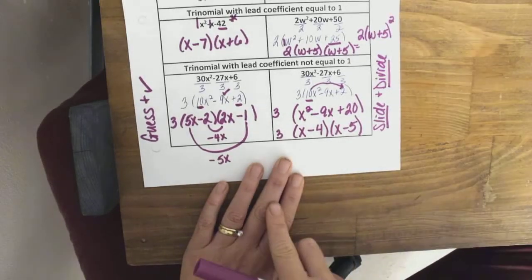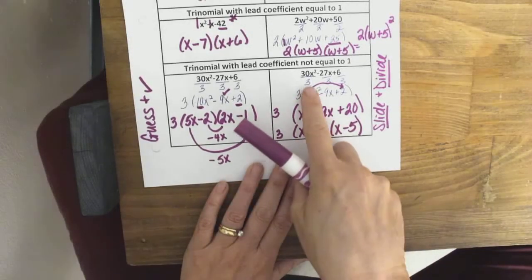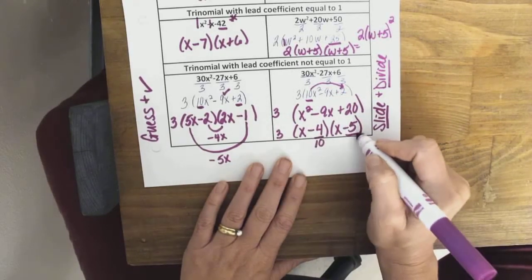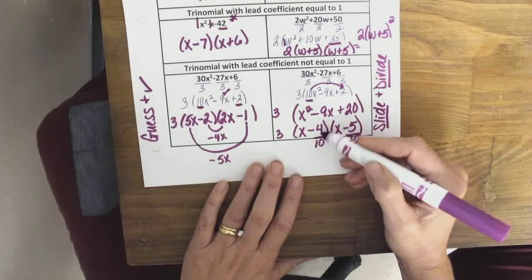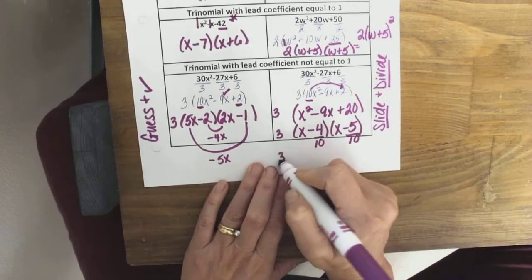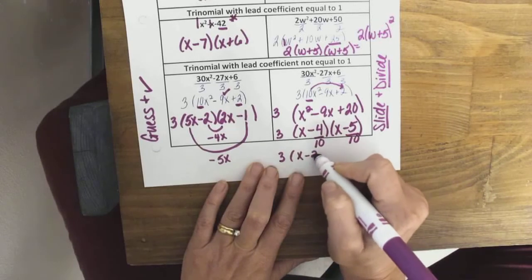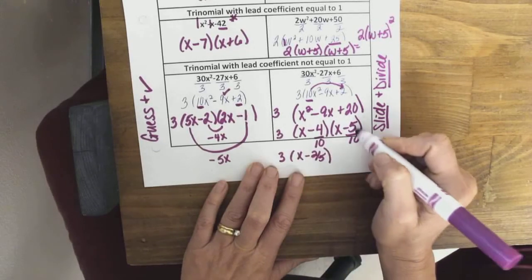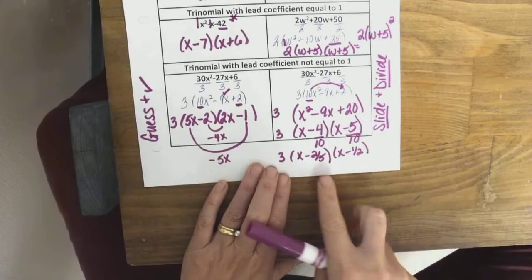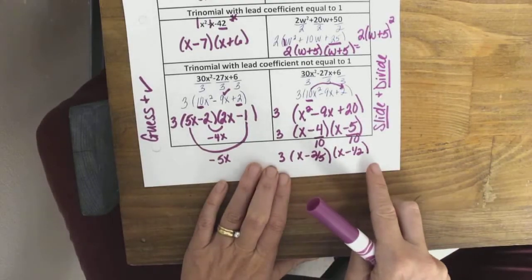So this method is called slide. I did that. It's also called and divide. Whatever number you slid over, which in our case was a 10, I must divide by that. And then you'll have fractions that need to be reduced. 4/10 is the same as 2/5. 5/10 is the same as 1/2.